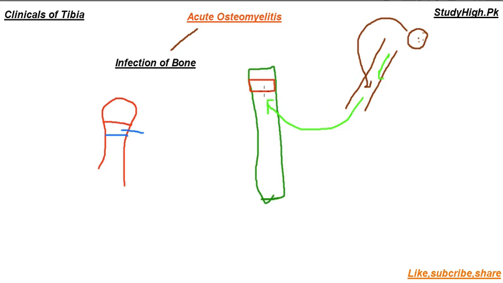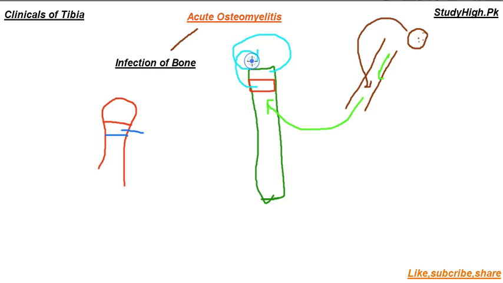As a result, growth of the growing bones may also be affected, and sometimes, just assume this is the tibia upper part, this is a knee joint that is formed between the tibial upper part and lower part of femur, this infection may also spread into our joint, causing arthritis.